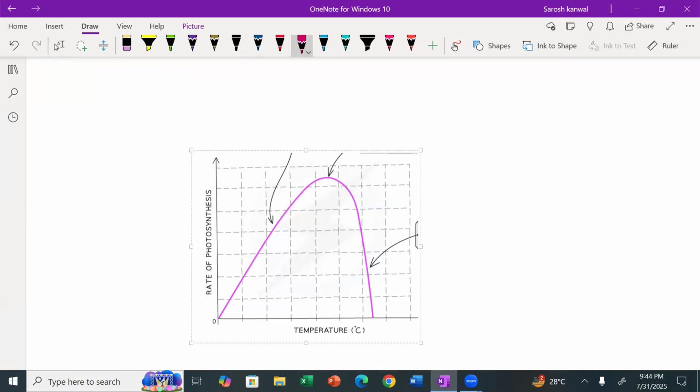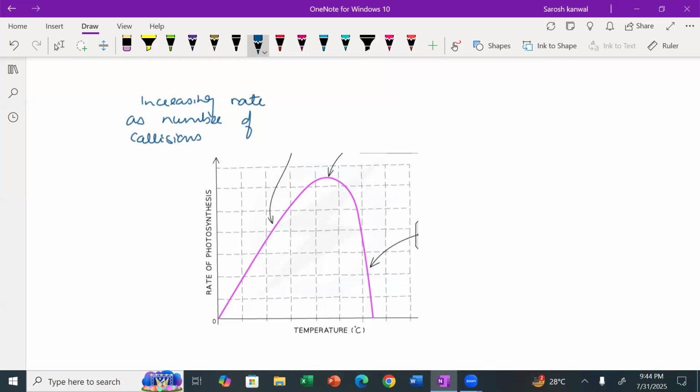Now see this area. What happens here is that we can observe the rate of photosynthesis increasing as the number of collisions between the substrate and enzymes increases, right?